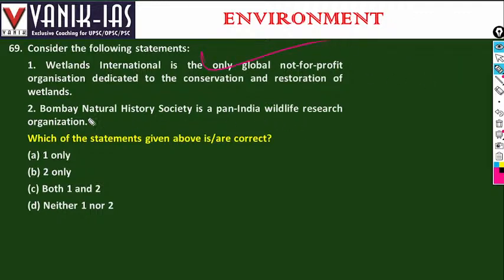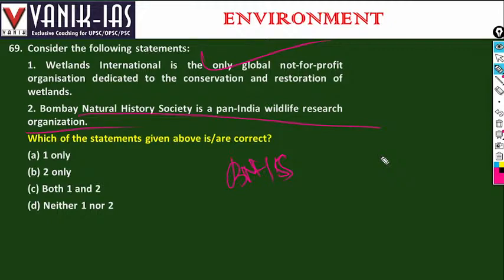Bombay Natural History Society is a pan-India wildlife services organization. Yes, this is called BNHS, Bombay Natural History Society. Along with the Zoological Survey of India, these are important organizations with respect to preservation of biological diversity. Right? These are the largest organizations.